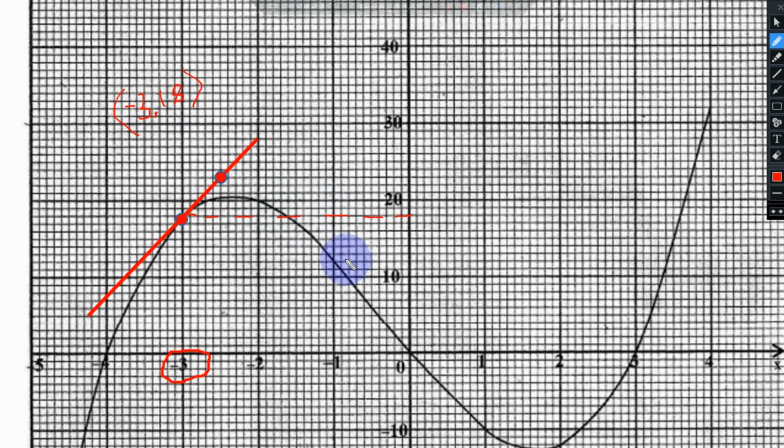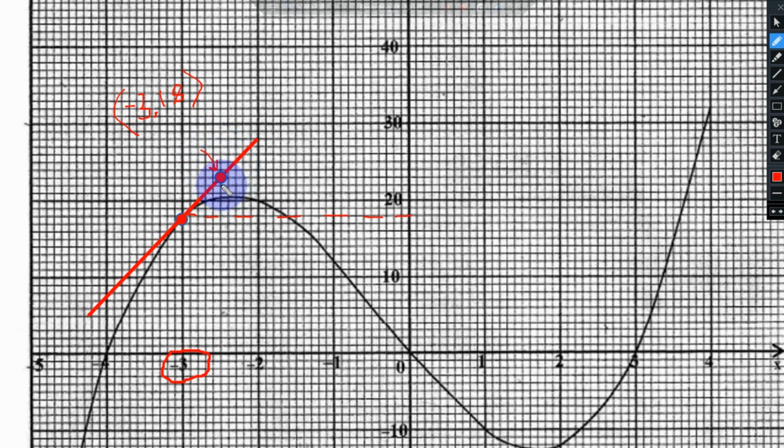The second point should be within your tangent, closer to your point of gradient. In this case I'm picking a point just right here, this part here.